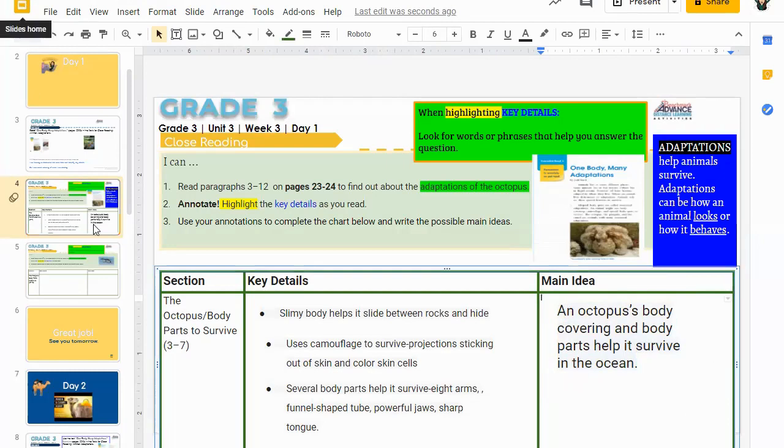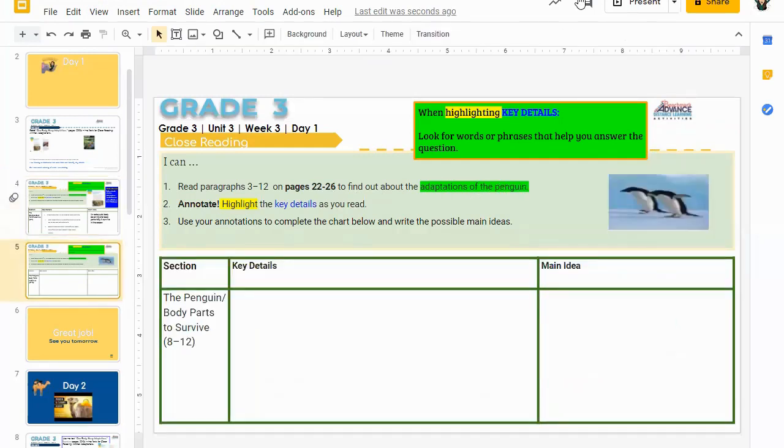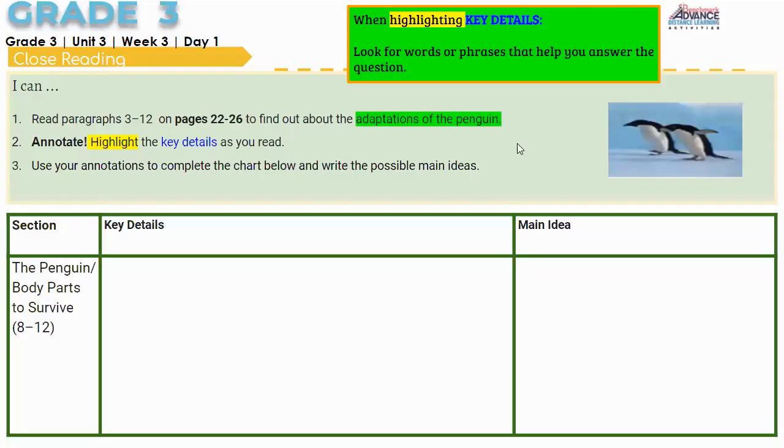Okay. Now you are going to do the exact same thing we just did with the section about the octopus, but this time you are going to read the section about the penguin, and you're going to highlight all the adaptations of the penguin. Again, you can write on the margins in the notes section.